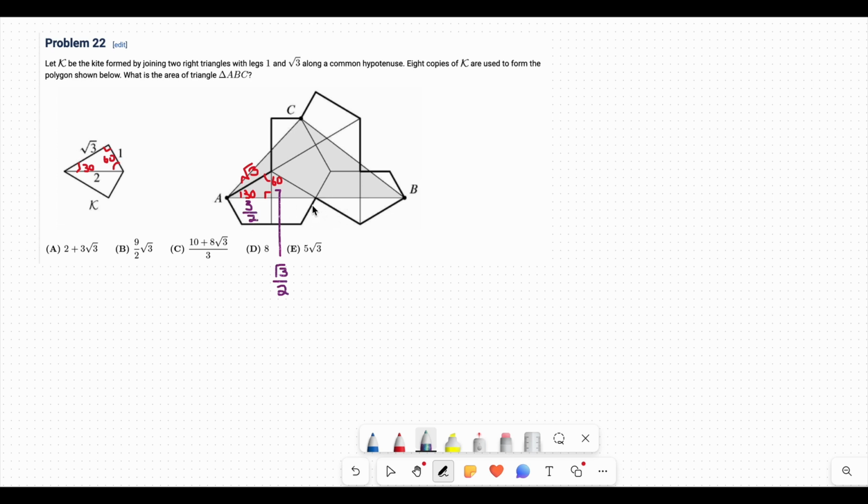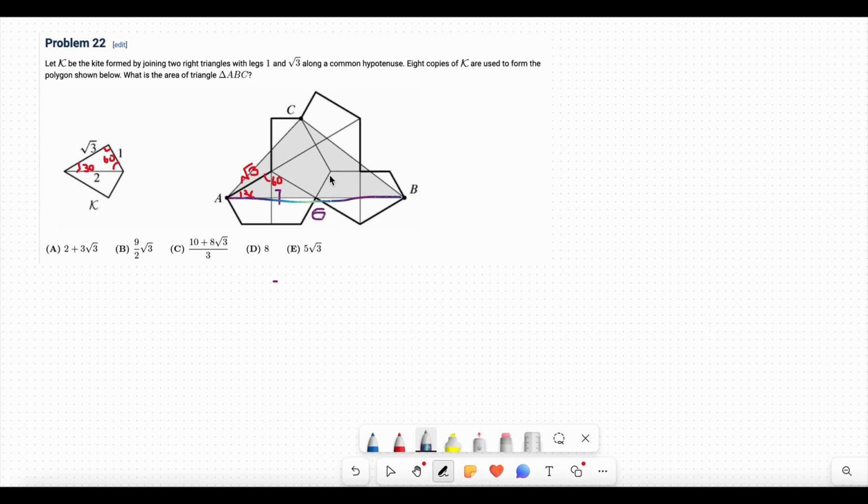Since this base is made out of 4 of such lines, and we can assume these are congruent, this will be 3 over 2 times 4. This entire line is 3 over 2 times 4, which is 6.